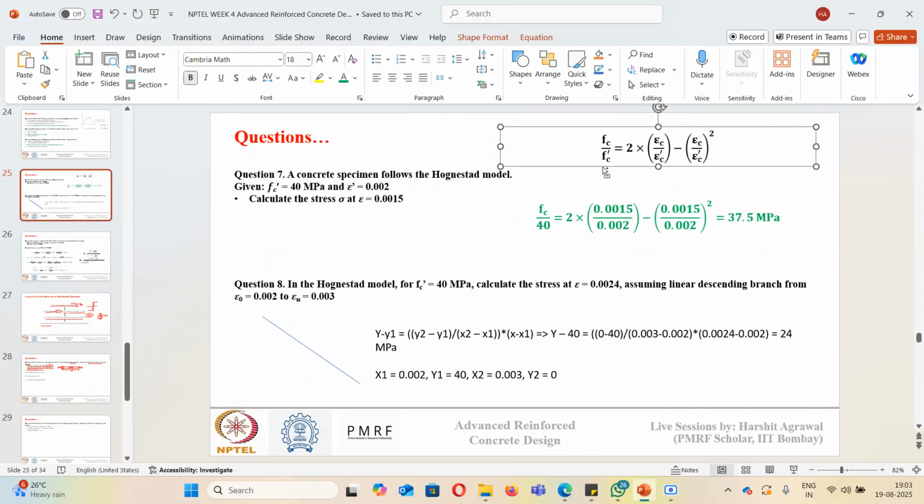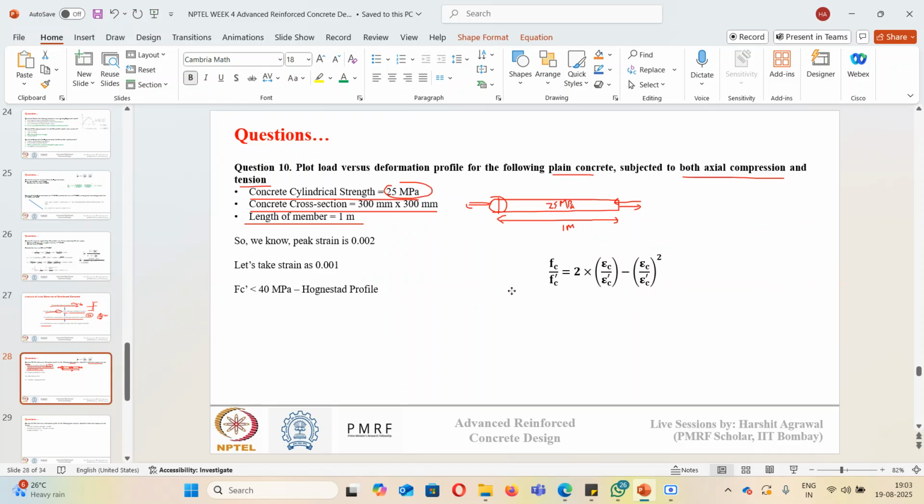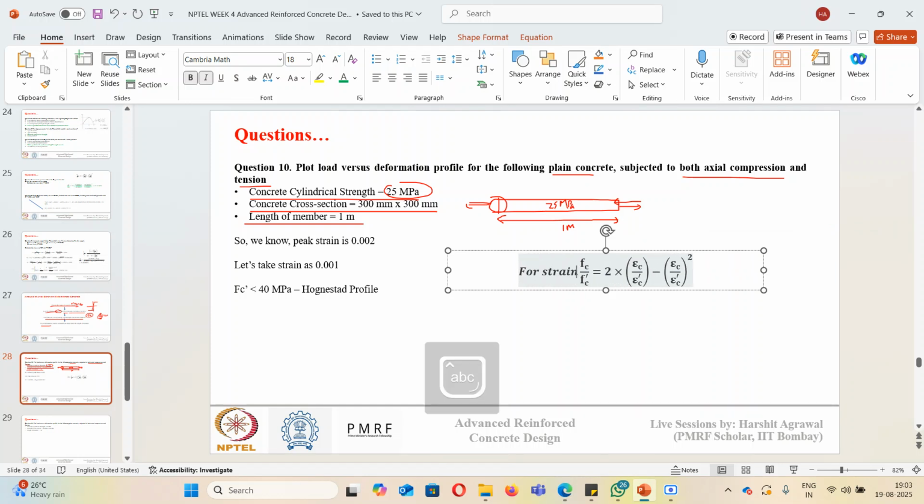For the Hognestad profile, we know the relationship, so I will just copy it here. For a strain of 0.001, f'c is fixed at 25 MPa, so I will change this to 25.